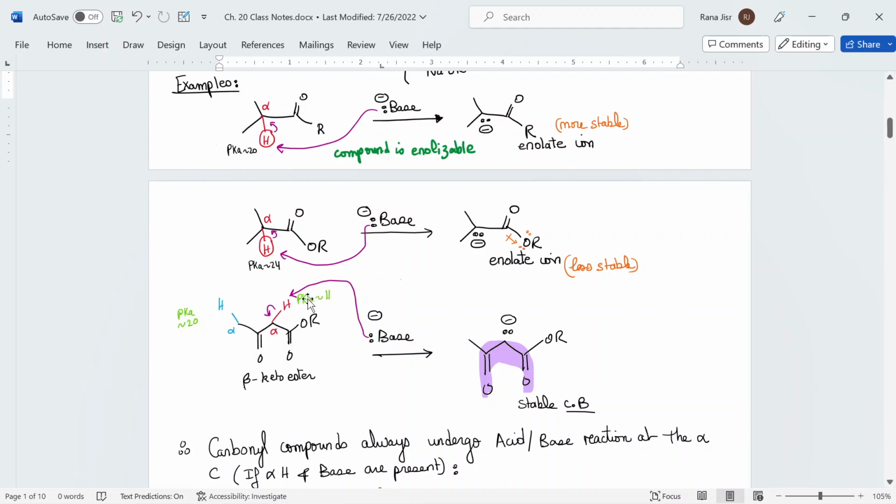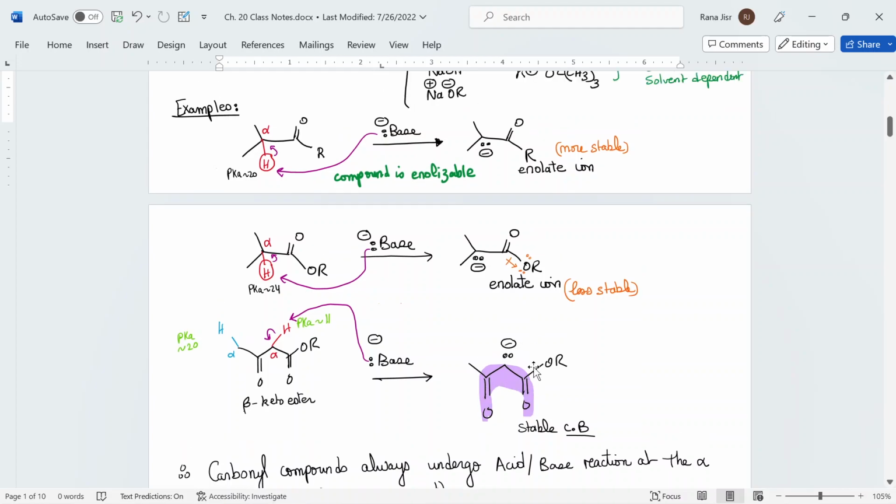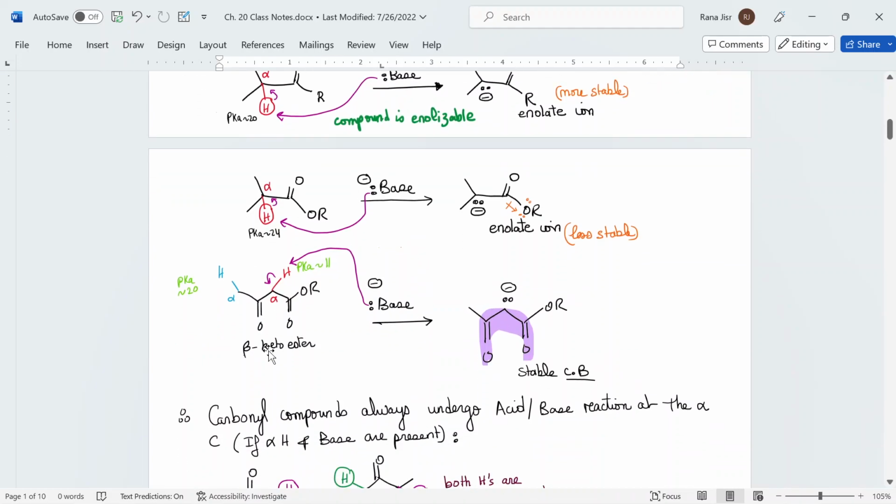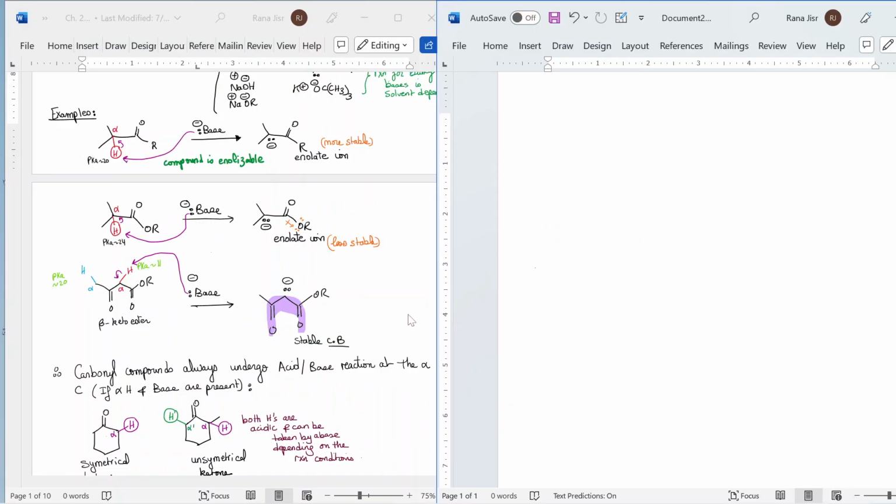This one is more acidic, so this is why the base is going to come take this hydrogen, form a lone pair and a negative charge on this carbon in there. This enolate is going to be the most stable compared to the other two because it came from the most acidic alpha hydrogens. We can also have more than one alpha hydrogen.